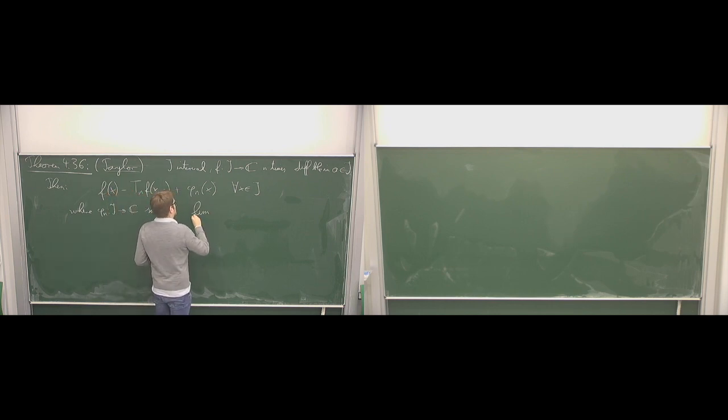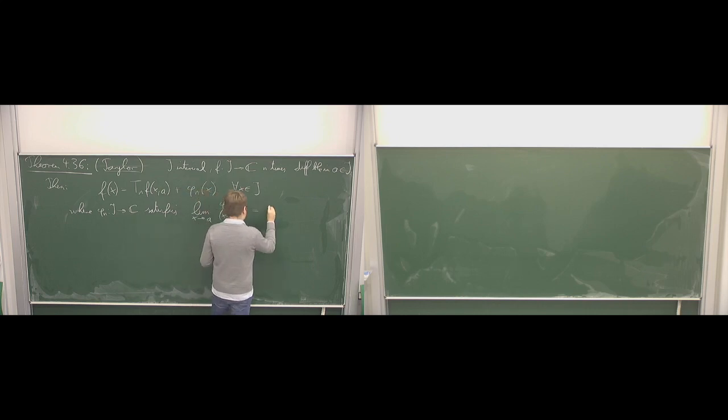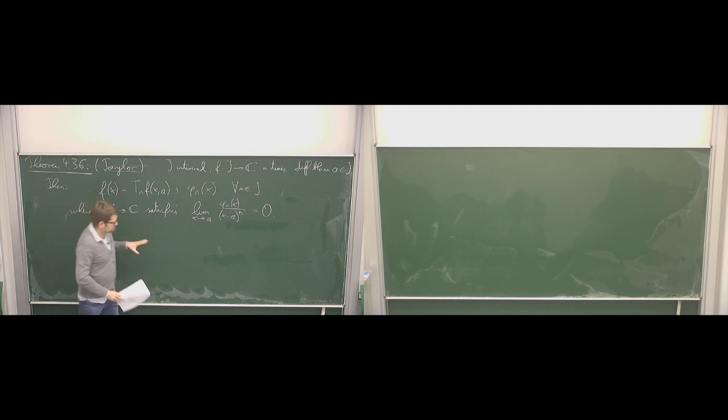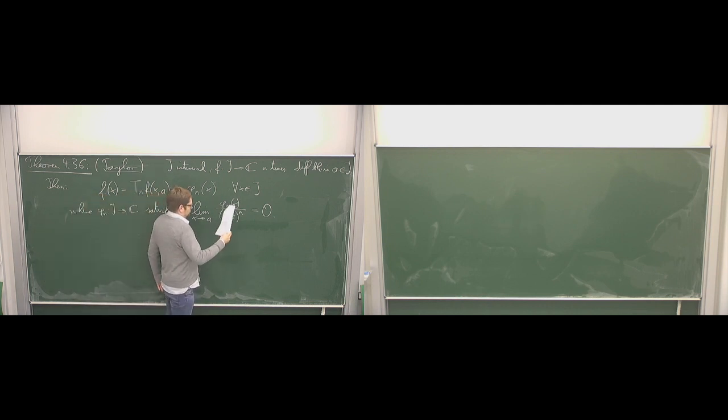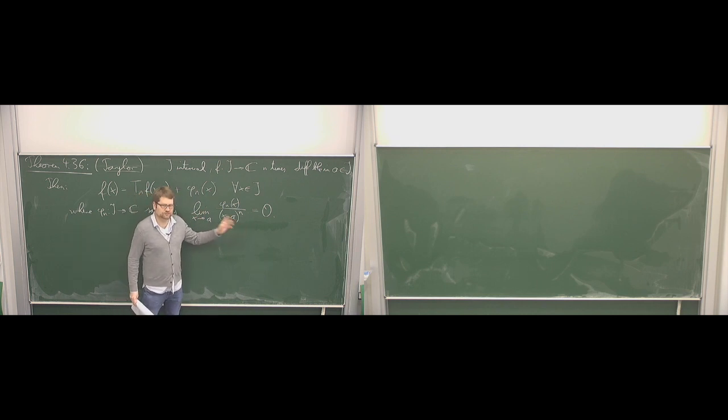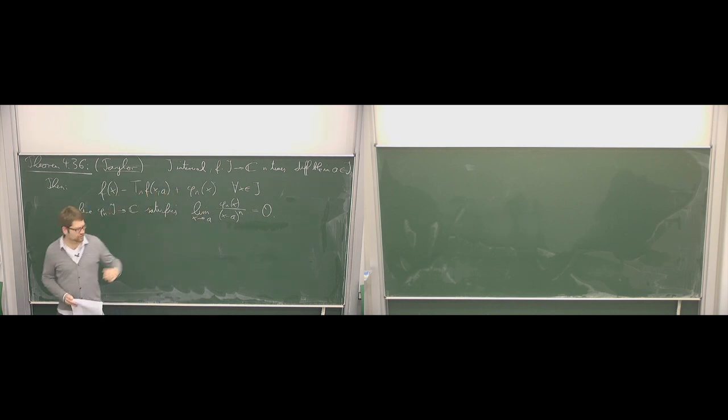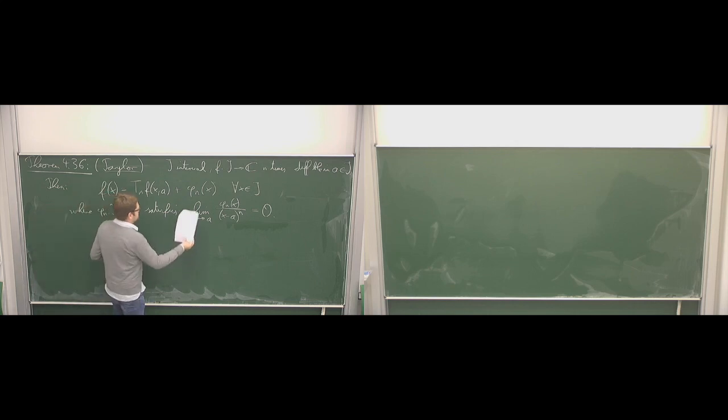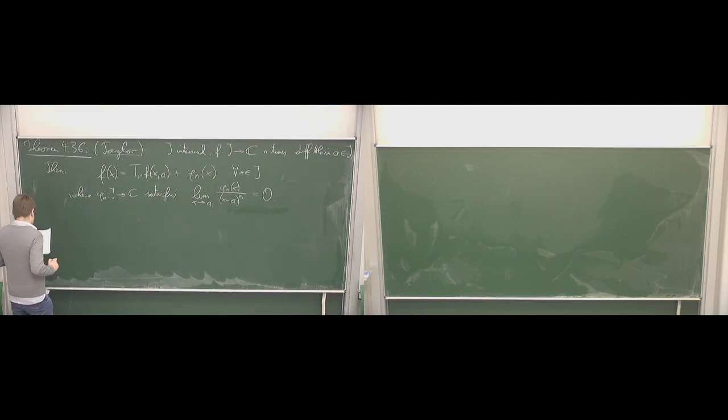The limit of x going to a of phi n of x divided by (x minus a) to the power of n is 0. Okay, this means that this term here, phi n of x, is going faster to 0 than this polynomial. So faster than the polynomial of degree n. And this really tells us that this is kind of the best approximation of f by a polynomial. I will discuss this a bit more explicitly later on.